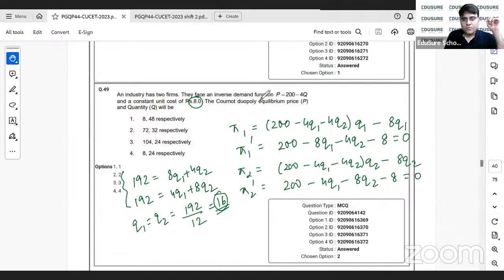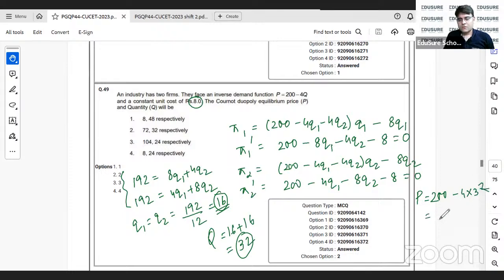So Q1 is equal to Q2 is equal to 16. The Cournot duopoly equilibrium quantity, capital Q, is 16 plus 16, which is equal to 32. And price is equal to 200 minus 4Q, 4 into 32. 200 minus 32 into 4. 32 into 4 is 128.